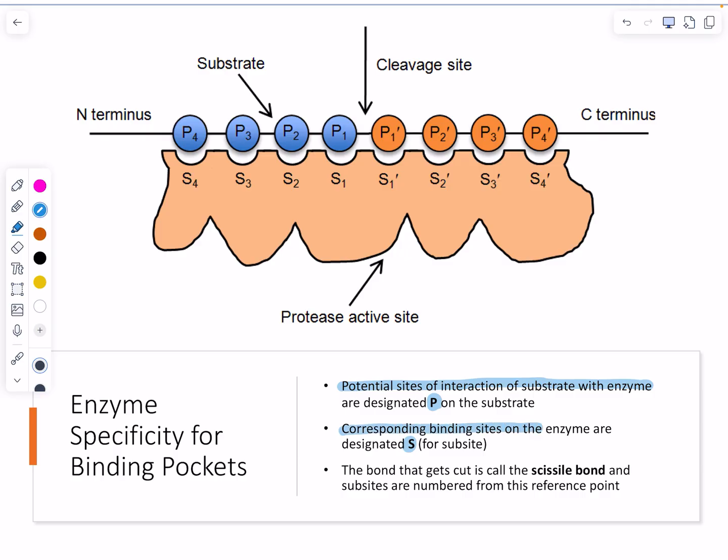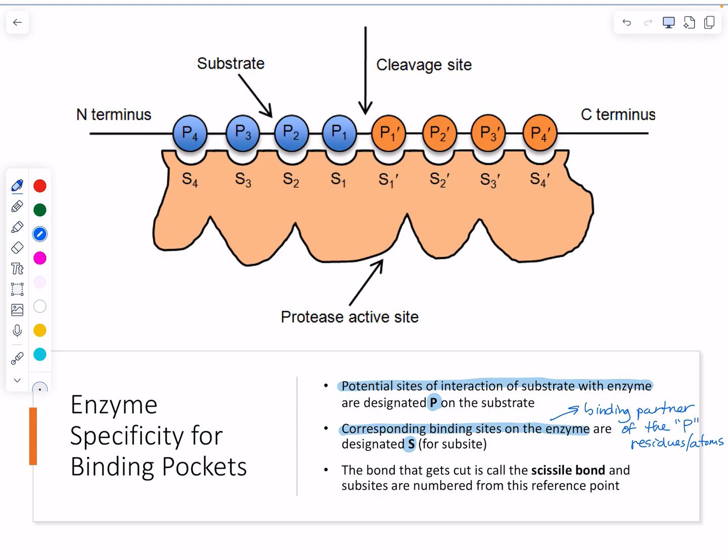So this is the binding partner of the P residues or atoms. And again, we're talking proteases specifically.